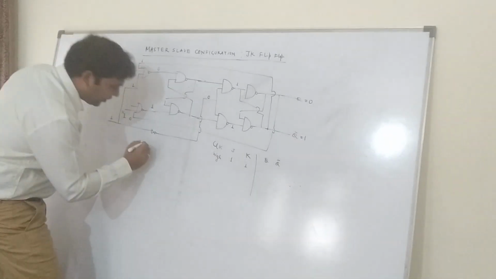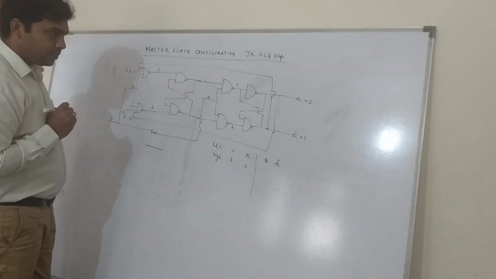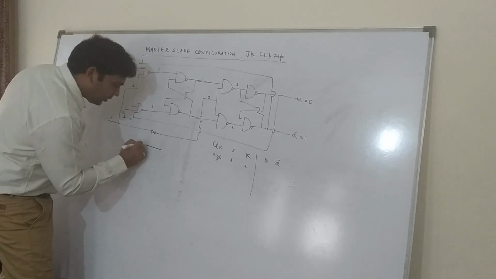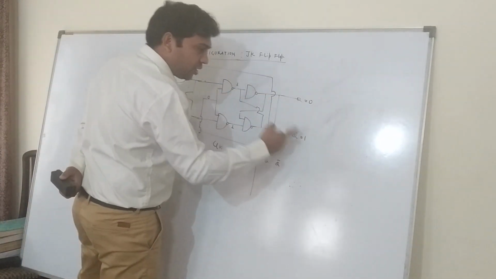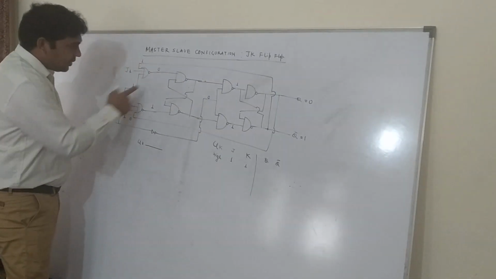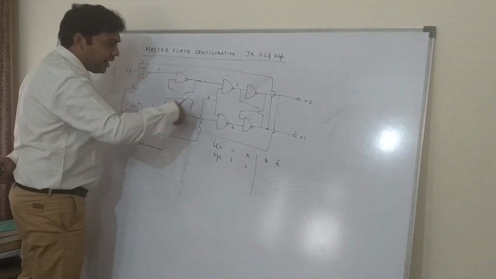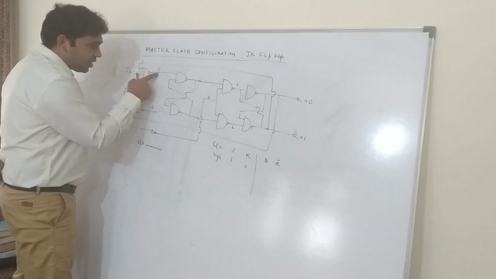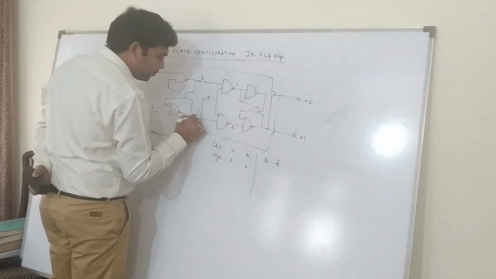So this is the case when the clock is high. And we have assumed that initially the output was 0 and 1. So when the clock is high, this becomes 0 and 1. And since we know that this is a NAND latch, in a NAND latch if our input is 0 and 1, the output is always 1 and 0.